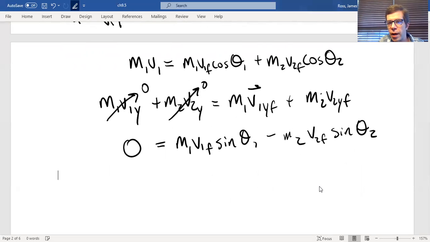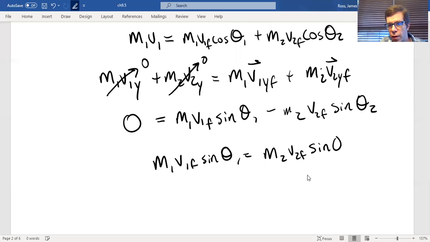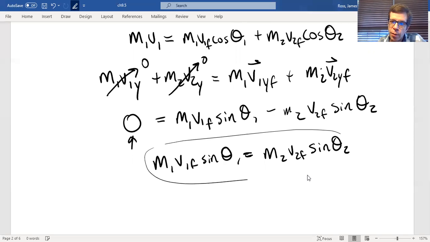At this point, I'm still talking about them as vectors. And now I've inserted the direction in their magnitudes. So what we end up with here is m1 v1 final sine theta 1 equal to m2 v2 final sine theta 2. Just meaning that since there was 0 momentum in the y direction initially, there still has to be 0 momentum in the y direction, which means the upward momentum of the first object has to be equal to the downward momentum of the second object, right? And that gives us this part.